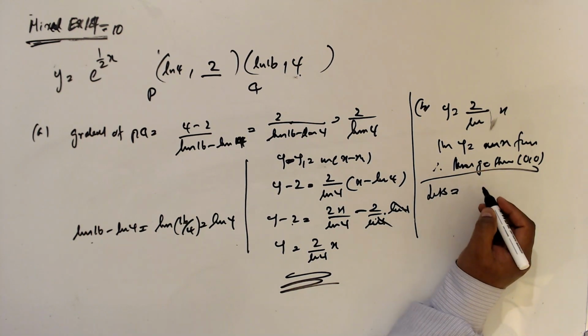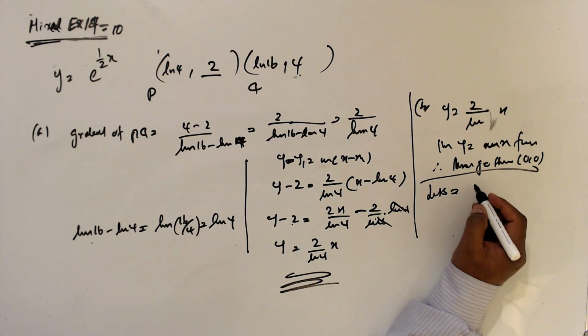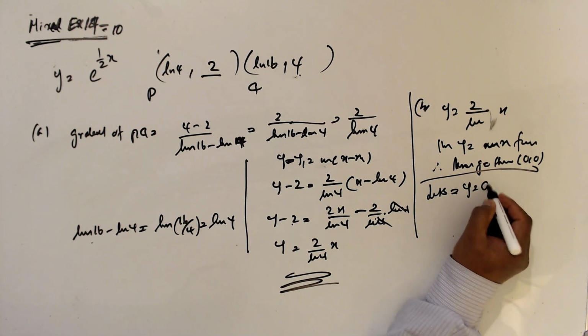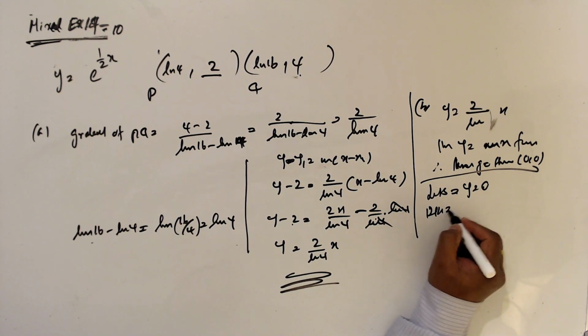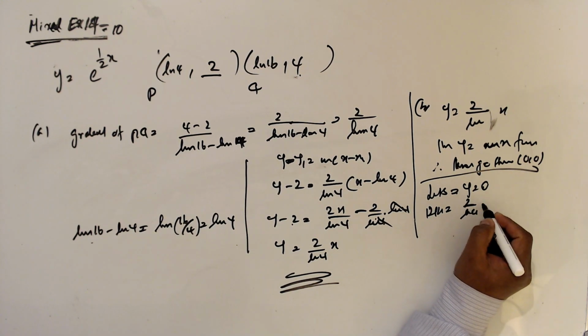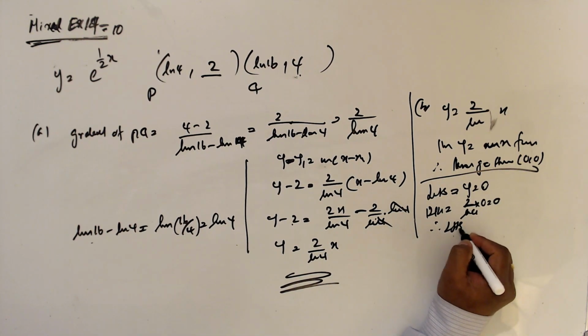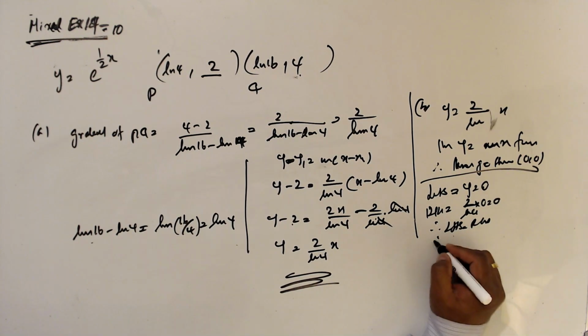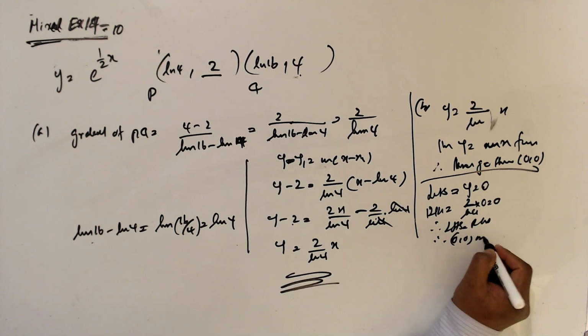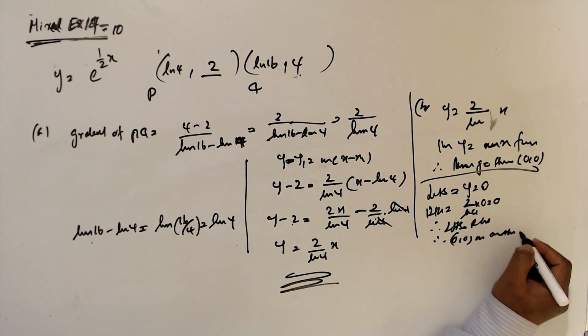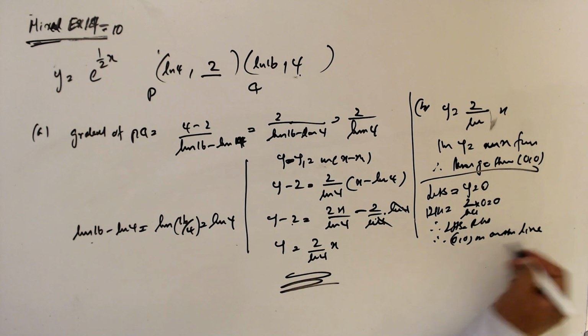LHS: y equals 0. RHS: 2 over ln 4 times 0 is 0. Hence LHS equals RHS. Hence 0, 0 is a point on the line. But this is enough.